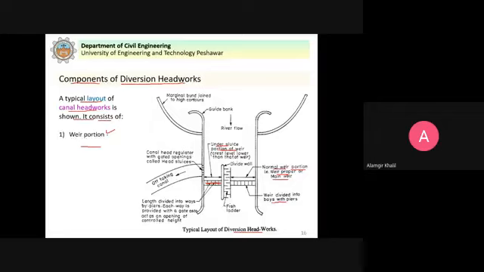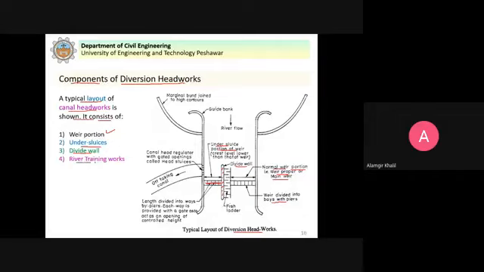So we have the main weir, then we have the undersluices, then we have the divide wall. This is the divide wall, this one here. You can see that it extends upstream and downstream. So you can see it divides the undersluice portion of the weir from the normal weir portion.